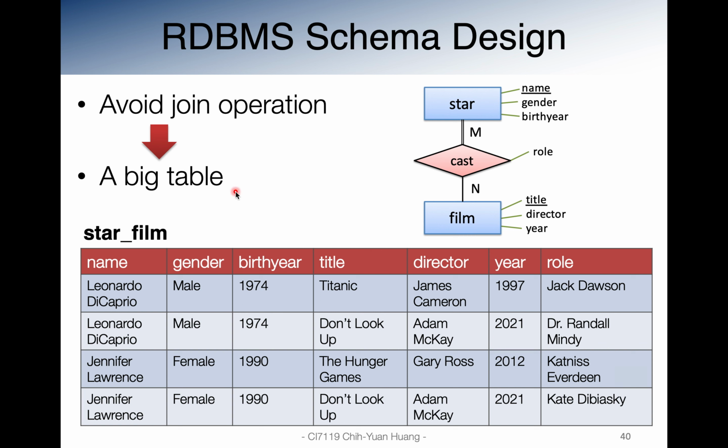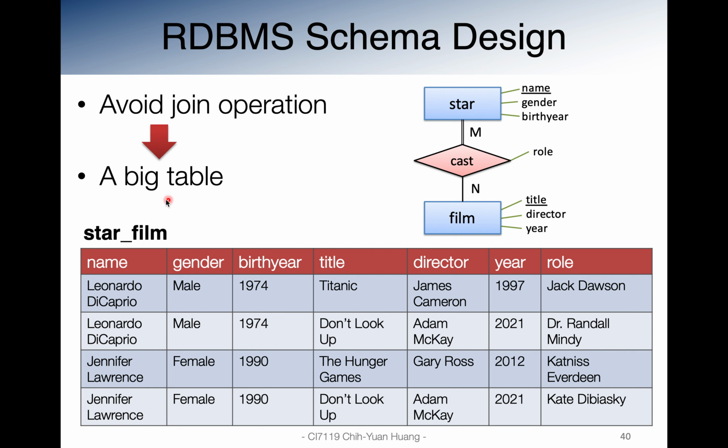To be more clear, if you want to avoid the join operation and you choose the big table, of course the advantage is that the query is more efficient. So you have a more efficient query.